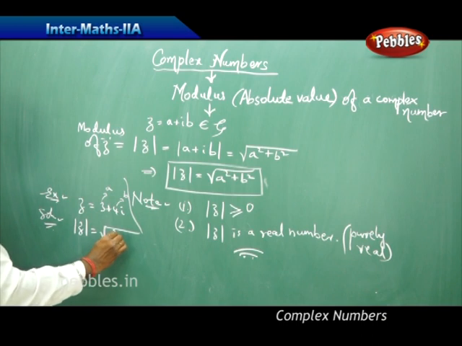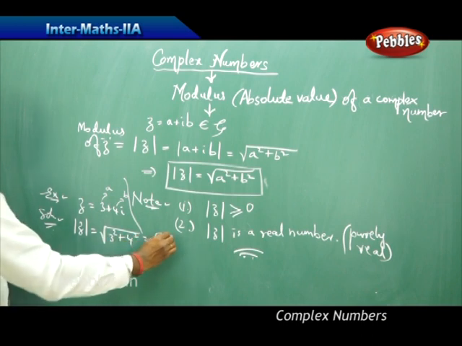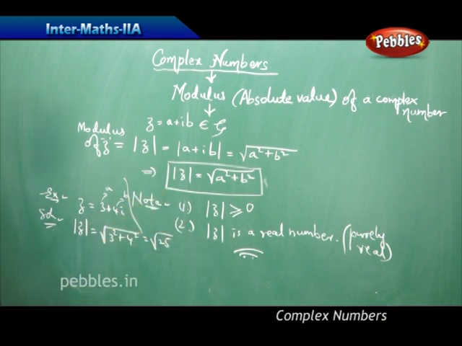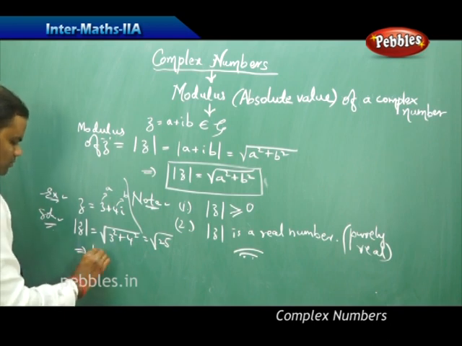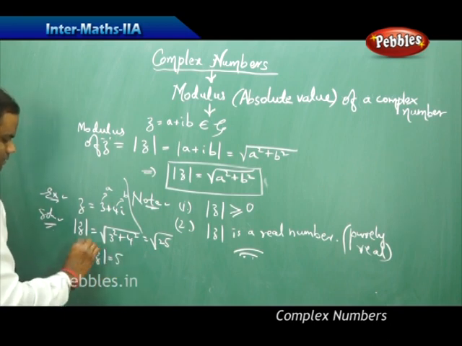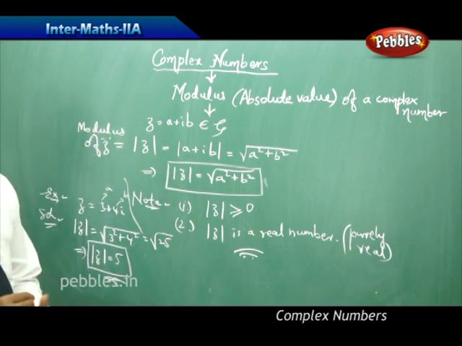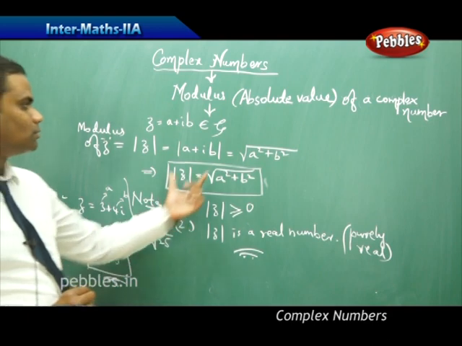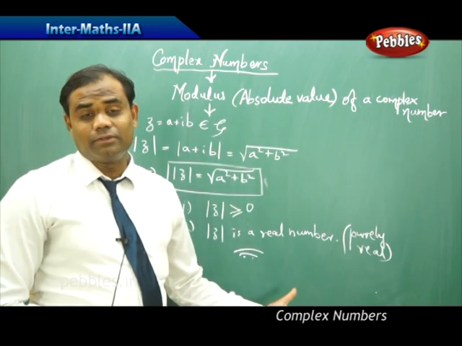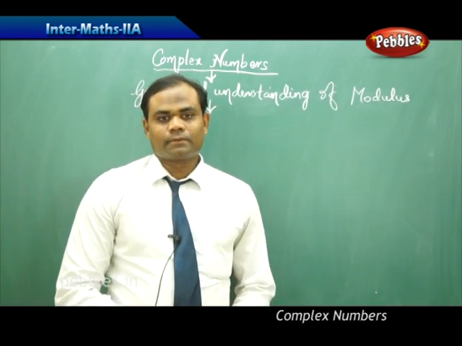So root of a square plus b square, which is root of 9 plus 16, which is 25. That implies root 25 is 5. So mod z is 5. This is how we understand the example through the modulus or absolute value of a complex number.